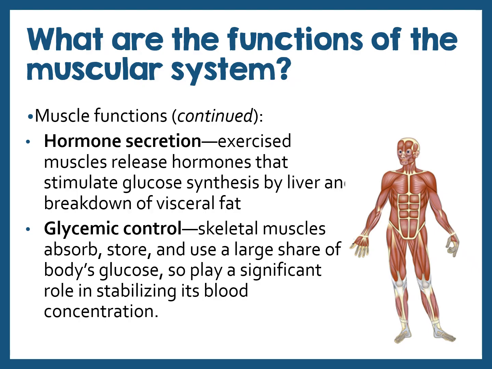Then the last function is glycemic control, because skeletal muscles actually can store a large share of the body's glucose, and so they're going to play a significant role in stabilizing blood glucose levels.